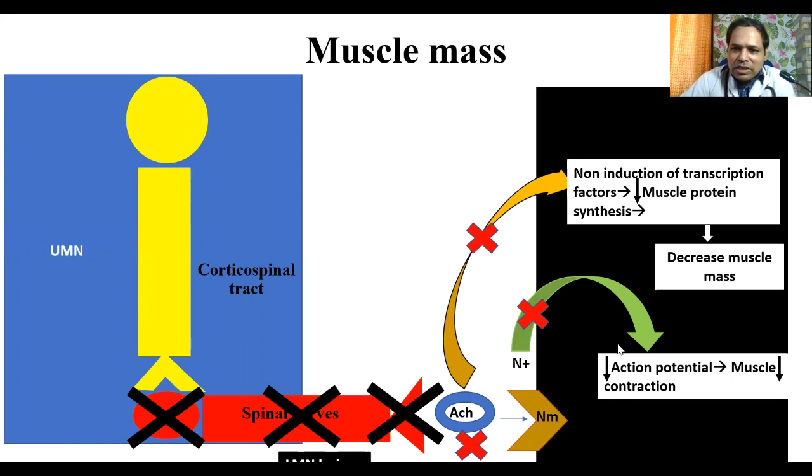Sodium influx is not there. Decrease in action potential, decrease in muscle contraction. Same thing happens here also. Non-induction of the transcription factors, decrease in the muscle protein synthesis, and decrease in the muscle mass. That means in both the cases, there is decrease in the muscle strength, decrease in the muscle mass, and decrease in the muscle bulk, right?